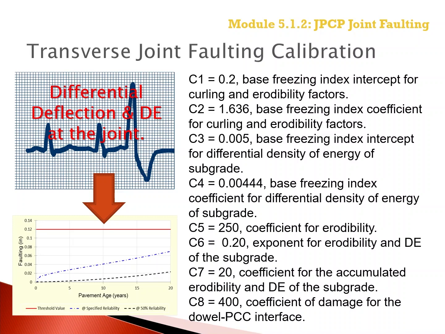As noted previously, the values for the calibration coefficients may vary between different publications of the MEPDG Manual of Practice depending on the results of any recent global calibration process. The coefficients and exponents of the transfer function are also included in the output report for the Pavement ME design software.